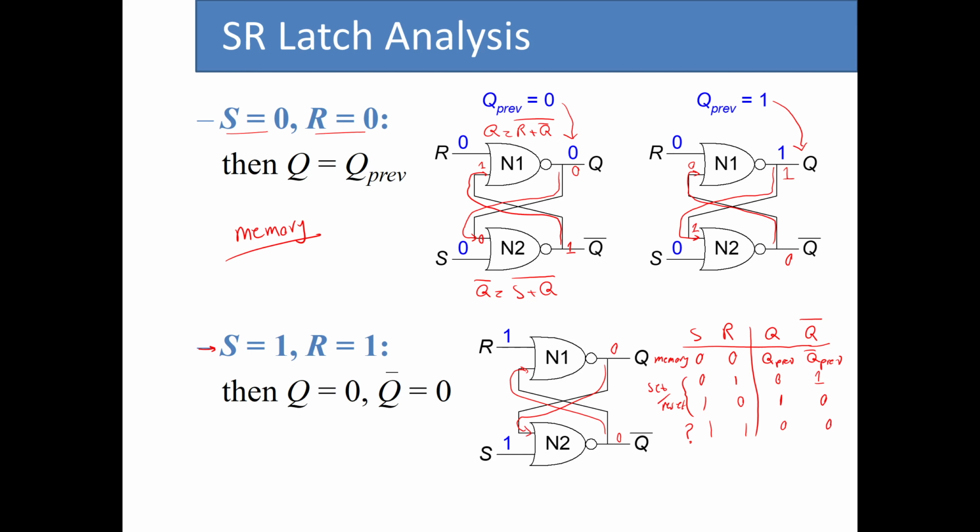For the SR-Latch, that is not necessarily the case, because we have now a different design. We have both S and R as the inputs too. So for when S and R are both 1s, then we end up in this unwanted situation for which Q and Q bar are both 0s.